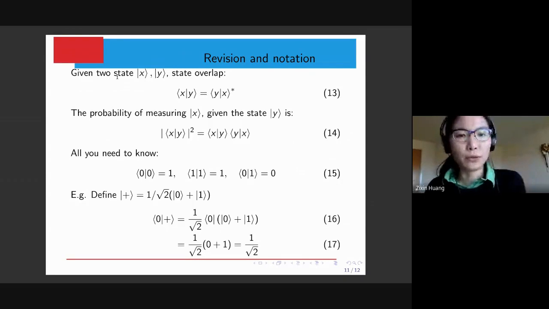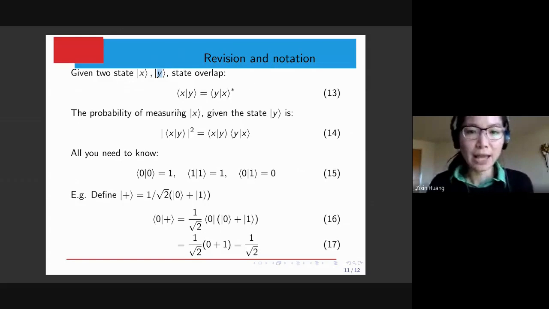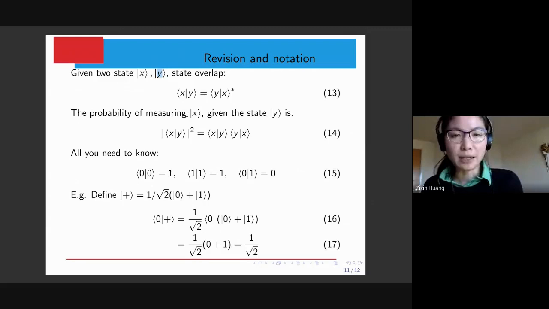So if we have two states, X and Y, we can calculate their state overlap. This is the quantum overlap. So we put them together in a bracket, X overlapped with Y, which is equal to the conjugate of Y overlap with X. And the probability of measuring X given the state Y would be given by the absolute value of the overlap squared.